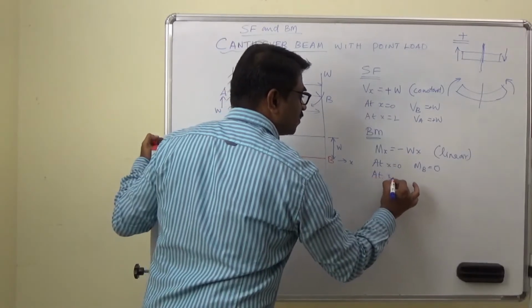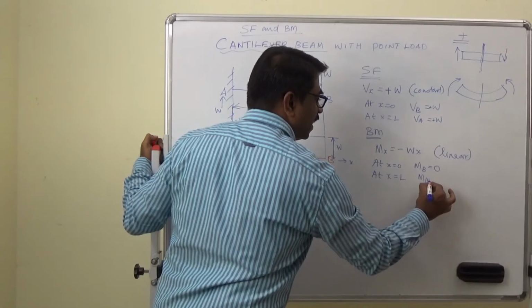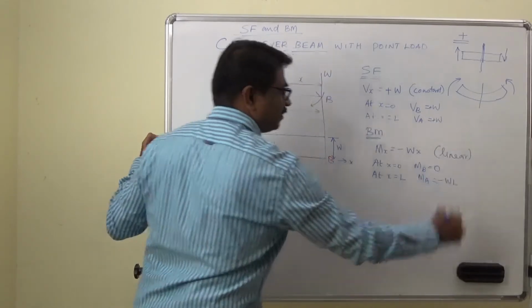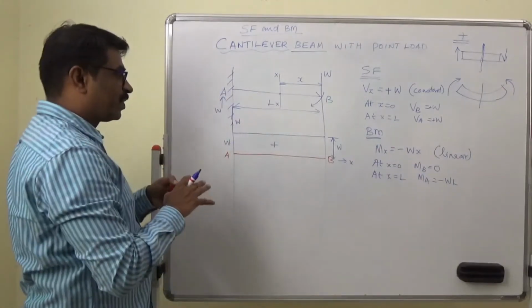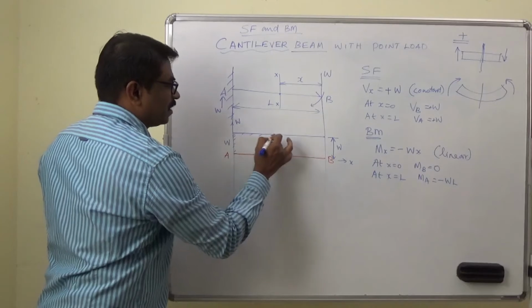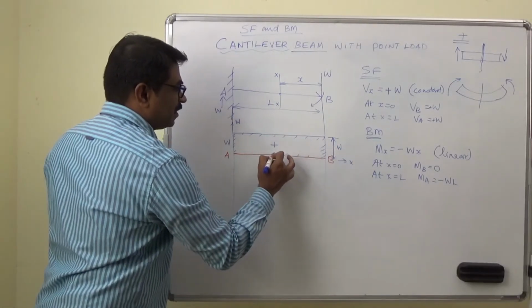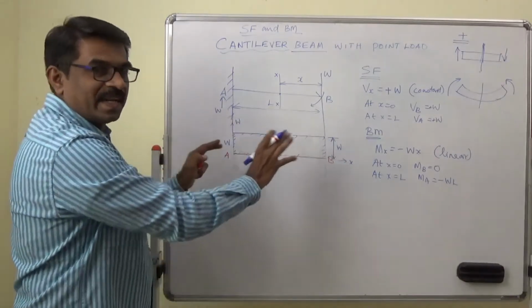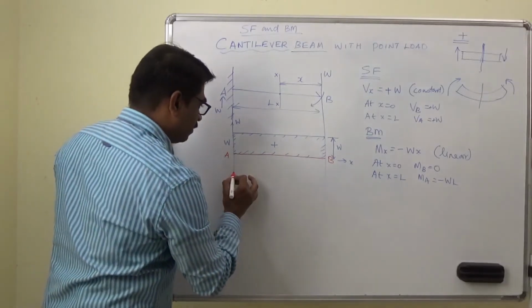At x equal to L, we are at A, so minus W L. It is negative. So now I will draw. If you see the books, they also hatch it. That is the shear force diagram. Now I draw the bending moment diagram.